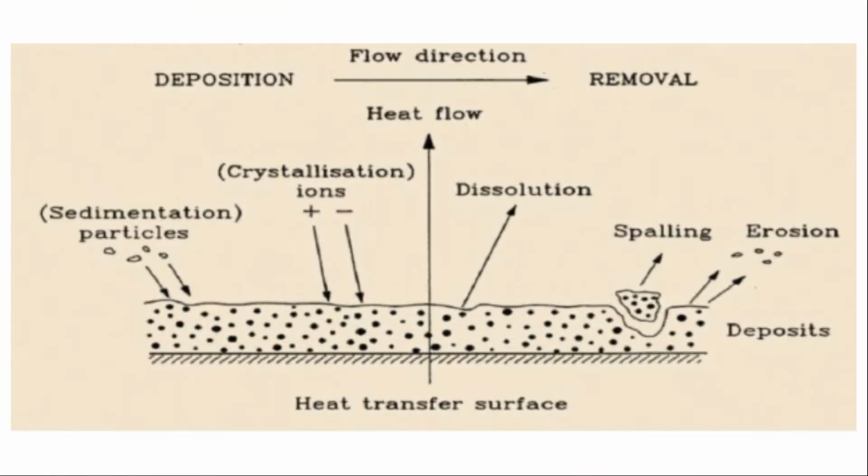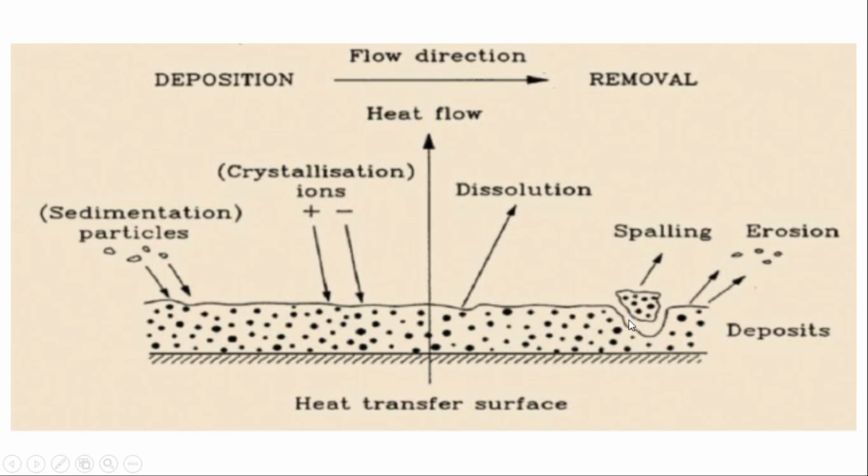This is a diagram which shows the deposition and removal of the fouling. For example, first of all the sedimentations are formed, and then they settle down, and then there is the crystallization and the ionization of the particles, and then they dissolve back in the solution.